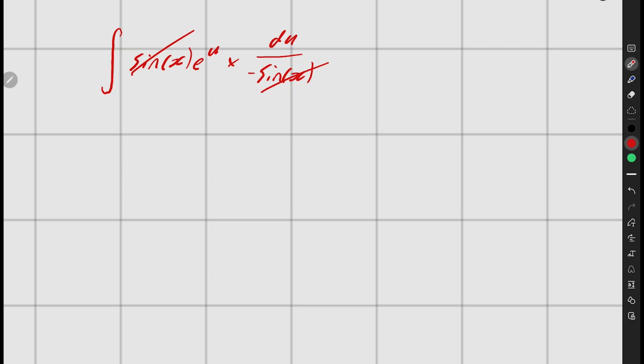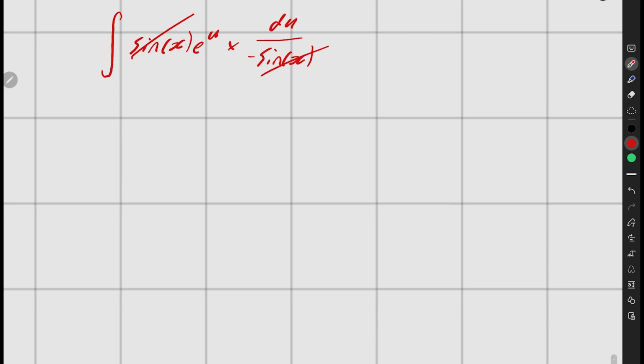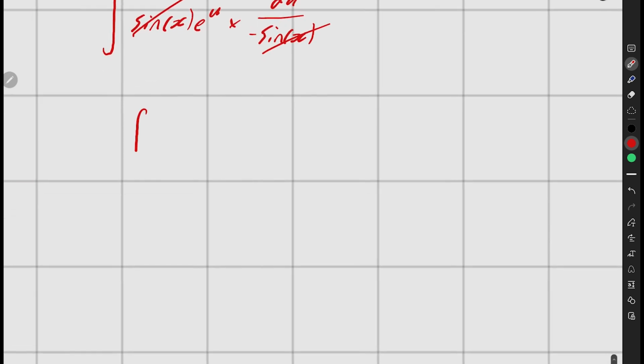And because we only have one function in terms of u, which is our variable, that's something that we can integrate quite easily. So let's write that down again.